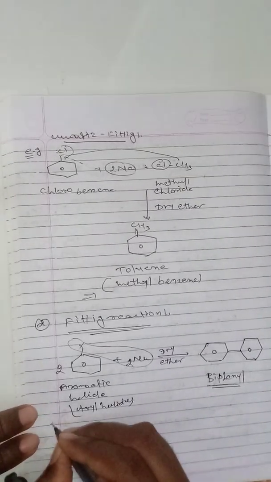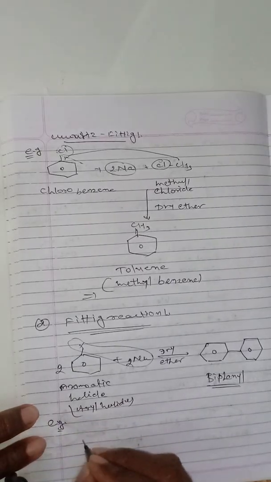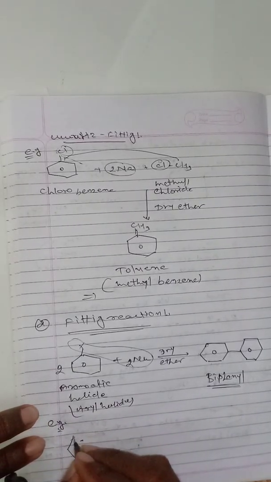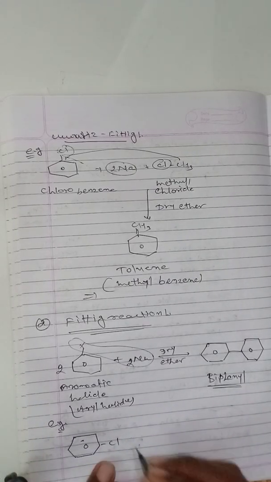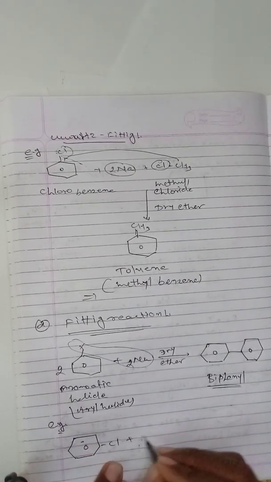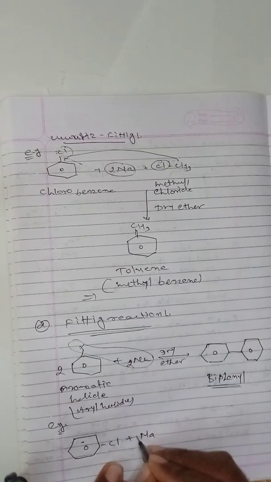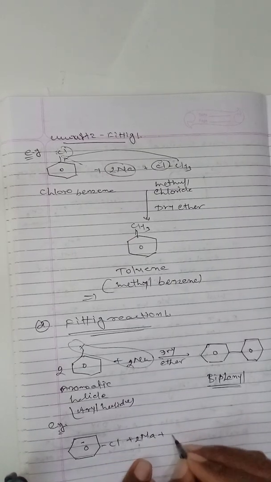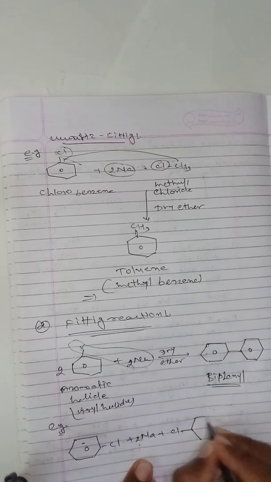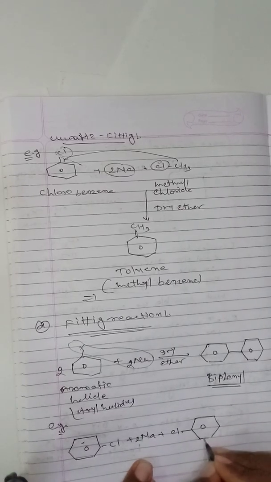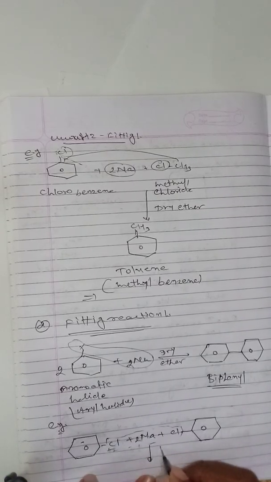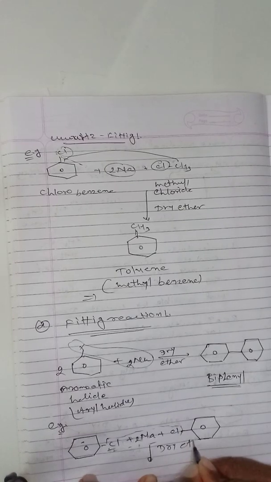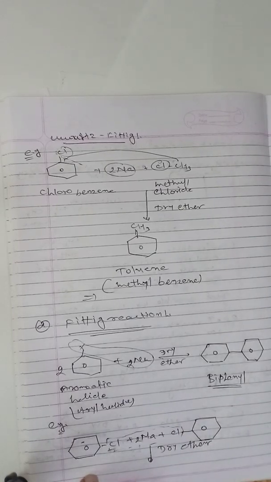For example, suppose chlorobenzene reacts with sodium metal, another chlorobenzene, 2 moles of chlorobenzene, and this reaction is carried out in dry ether.